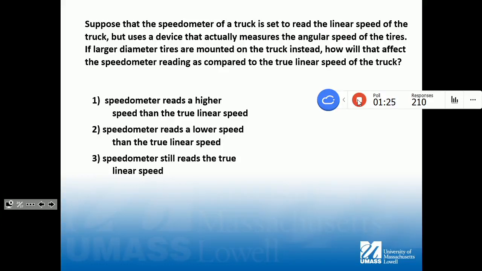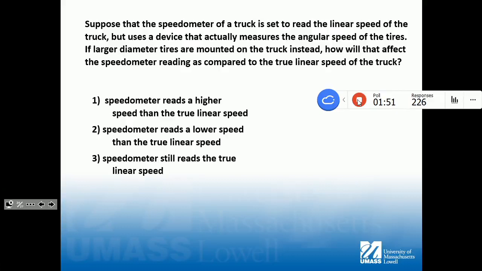So you're using larger diameter tires. Your actual v is larger for the same omega. What the system is using is an r smaller than the actual one. So is it going to be reading less than your actual speed or more? It thinks you're using a smaller tire.